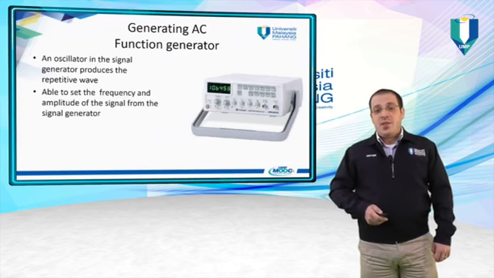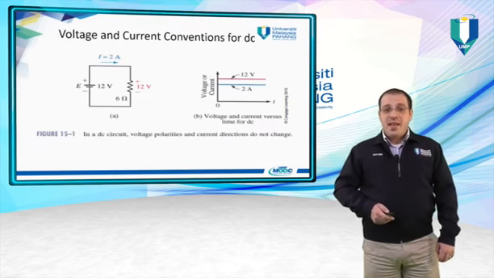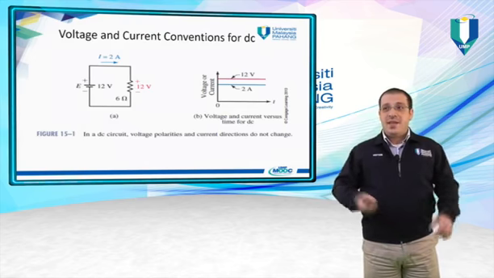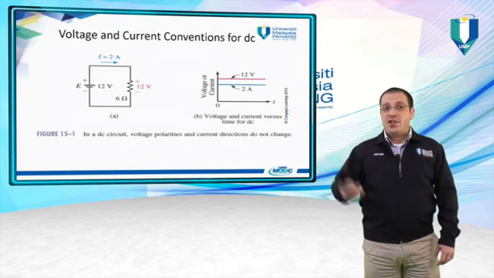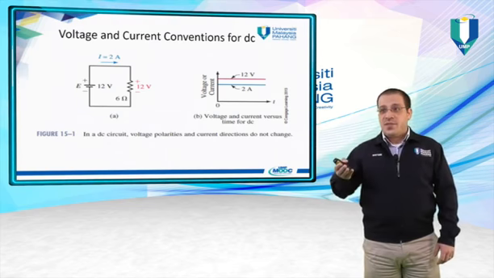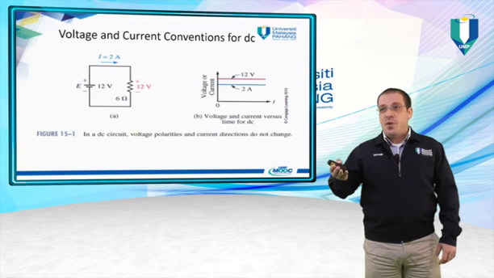Now, the final thing we need to discuss in this part, as you can see in the figure, is DC. In DC, we have the conventional direction of the current, which is from the positive pole of the battery to the negative one, and it's steady all the time. It's one direction.